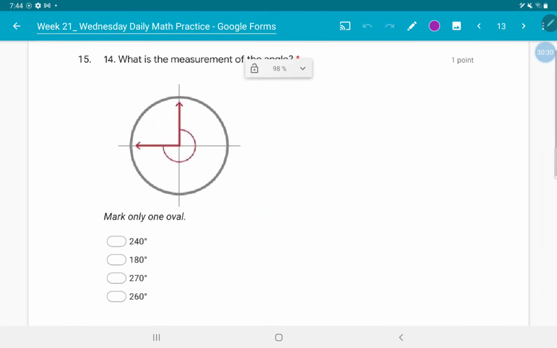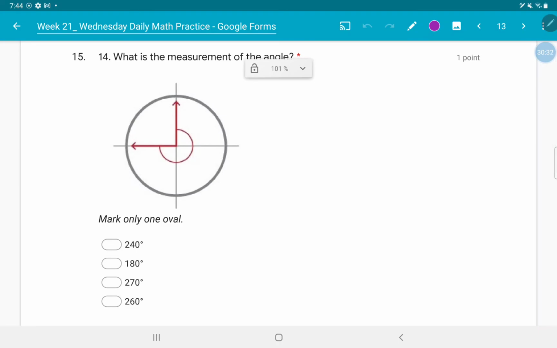Okay. Next, we're looking for the measurement of the angle. Now remember, this little arc inside tells me that this is the part of the angle that I'm measuring. You can see that this part's a right angle, but this red arc that I just colored over in purple tells me that's the part that I'm measuring.